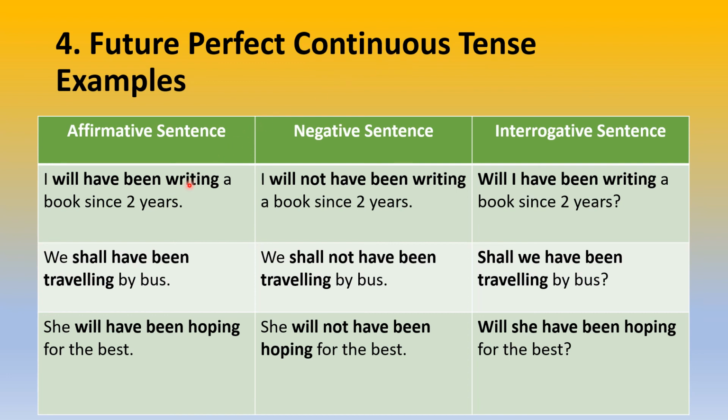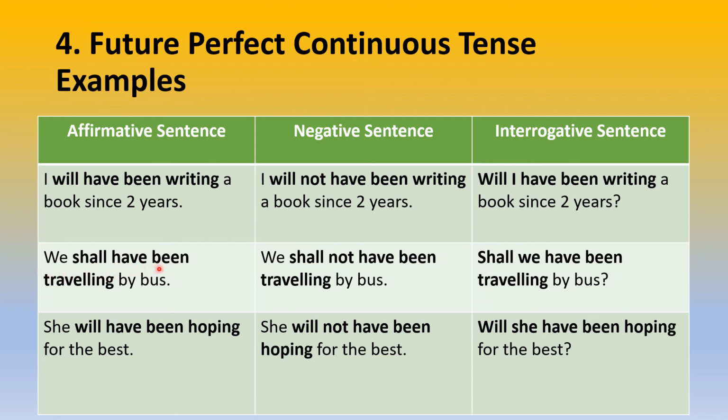Will be continued actually. You will write not after will, and your sentence would become negative. I will not have been writing a book since 2 years. You will take out will in the start of the sentence to make it interrogative statement. Will I have been writing a book since 2 years?